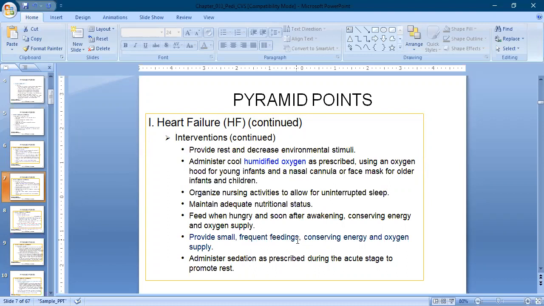Usually, the patient is treated with digoxin. Digoxin is a medication for heart failure that improves myocardial contractility. They are treated with an ACE inhibitor, angiotensin converting enzyme inhibitor, like captopril. Captopril reduces the afterload. We treat with a beta blocker like metoprolol, which decreases the heart rate and blood pressure.